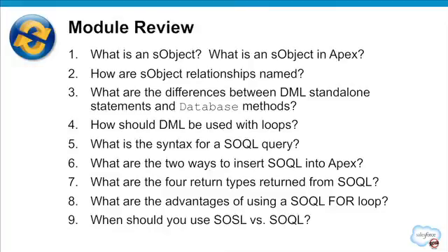What are the 2 ways to write SOQL queries in Apex? That would be a mirrored software in the explorer. That's one option. What would we surround your SOQL query with? Oh, the square bracket.